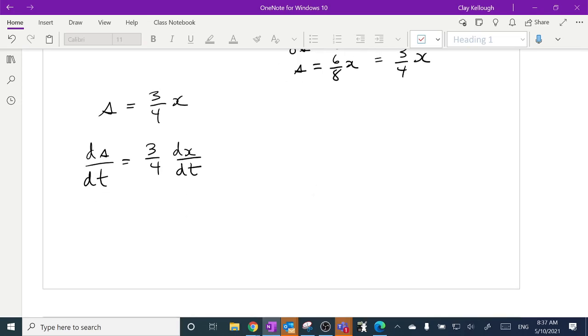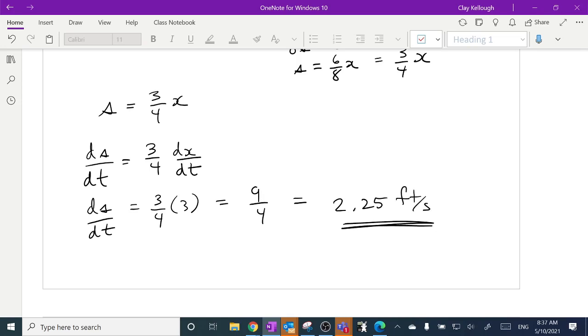And that's going to be 3/4 times, we know dx by dt is 3, so I should keep that there. And so the final answer is 9/4. Might as well take that to a decimal. 2.25 feet per second. So the shadow is growing at a rate of 2.25 feet per second.